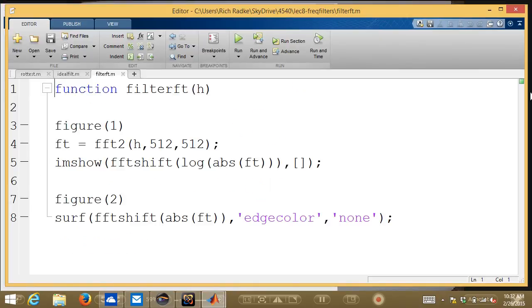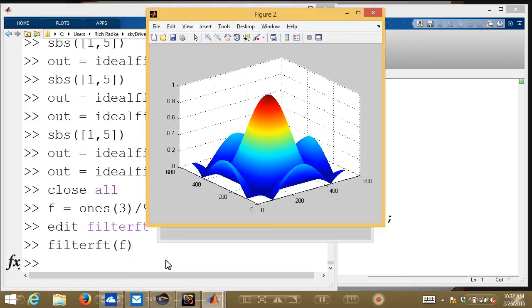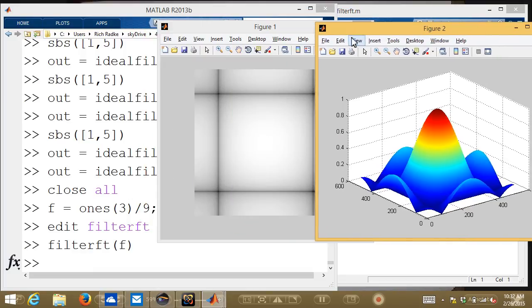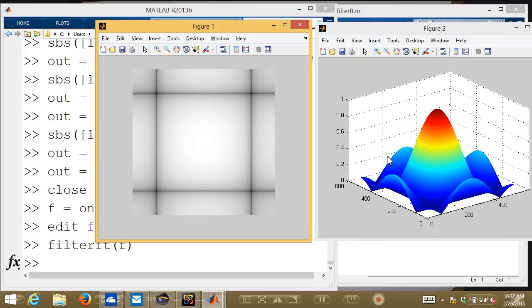This function basically says, just show me what the Fourier transform of a filter looks like. So if I do the Fourier transform of this filter, this now is the Fourier domain of that filter.